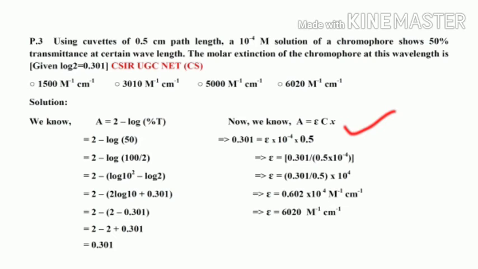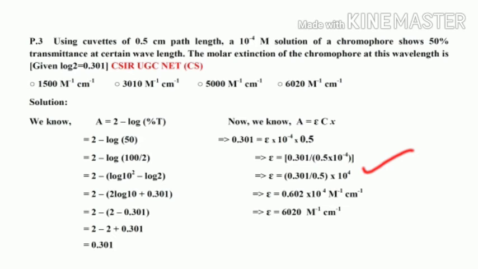So again, using the relation absorbance A is equal to epsilon Cx, substituting the value of A, concentration and the path length x, we get 0.301 is equal to epsilon into 10 to the power minus 4 into 0.5. This implies epsilon is equal to 0.301 divided by 0.5 into 10 to the power minus 4.